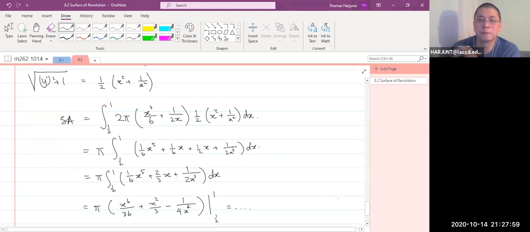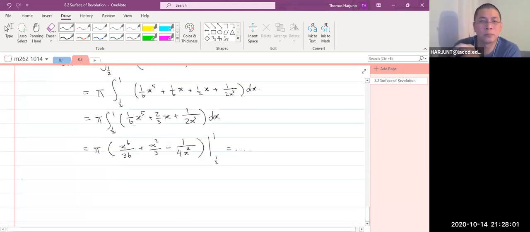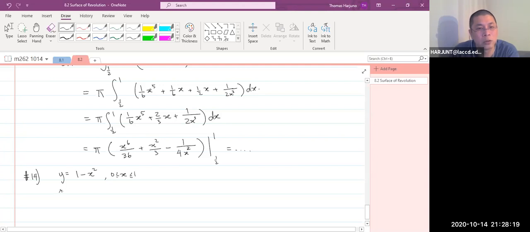Number 14. We have the curve y equals 1 minus x squared. The x is from 0 to 1, rotate around the y-axis.